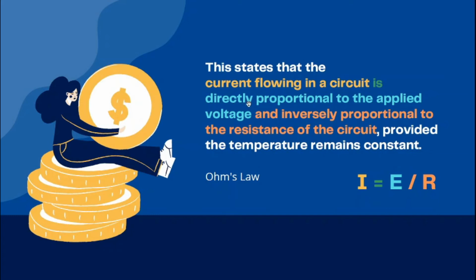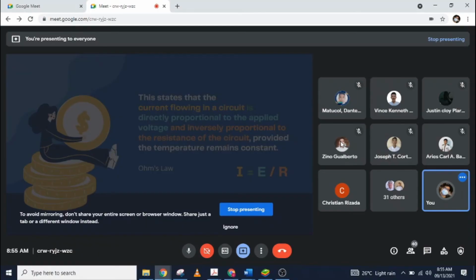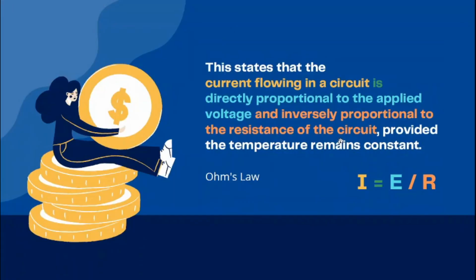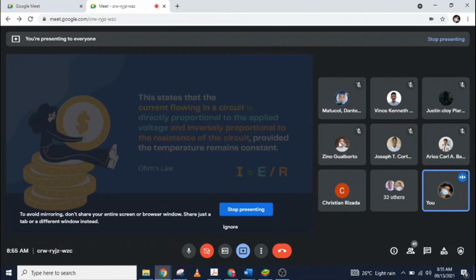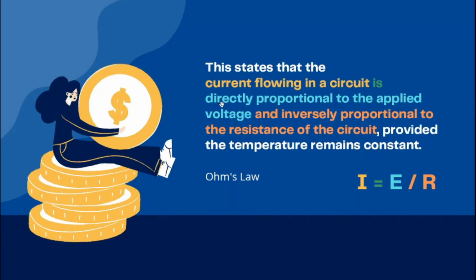Yung kuryente daw, directly proportional to the applied voltage and inversely proportional to the resistance of the circuit. So based on our previous na mga solving class, what does this statement mean? Directly proportional, inversely proportional. What does it mean?